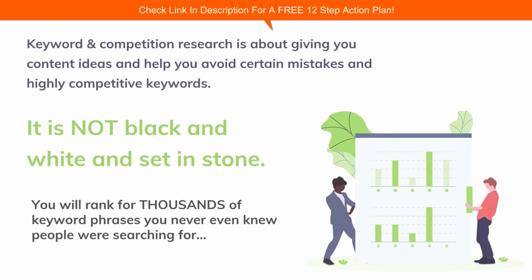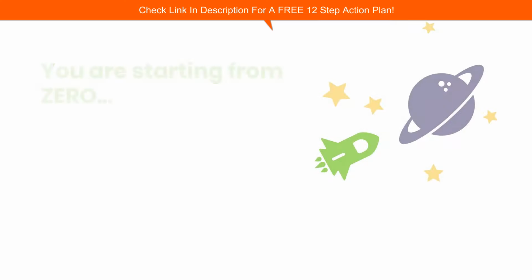Okay. So don't forget that when you write any article, if you do your keyword research properly and if you do your competition research properly, you will rank for thousands of keyword phrases you never even knew people were searching for. Because here's the thing, you have to remember one vital thing, okay? You are starting from zero, you're starting from scratch.